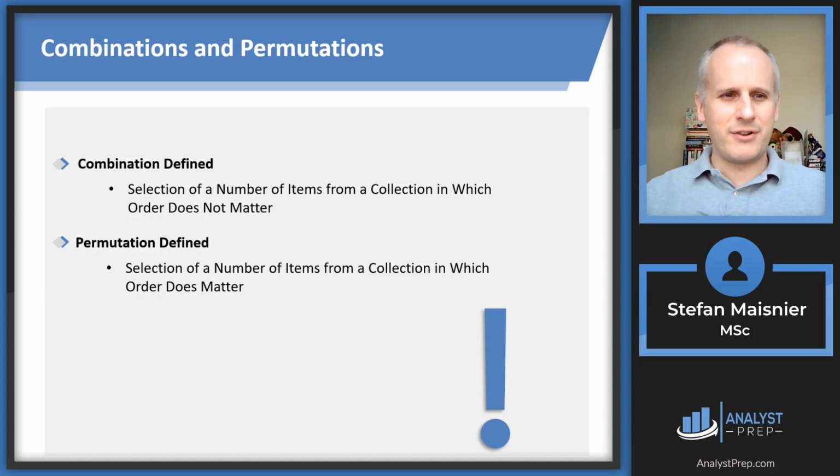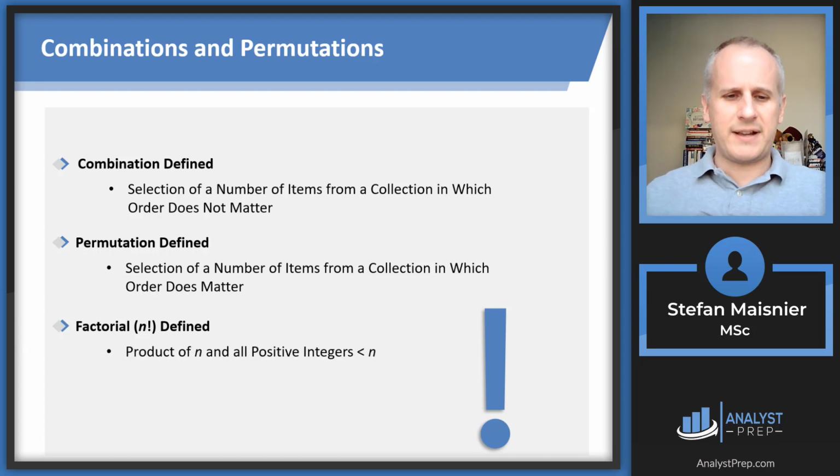Now, why do we have a giant exclamation point here in the bottom right hand corner of the screen? Well, that's because that exclamation point means factorial, and factorials are important for the application of the technical combination and permutation formulas we're going to discuss momentarily. So what a factorial is, it's just a product of n and all positive integers that are less than n.